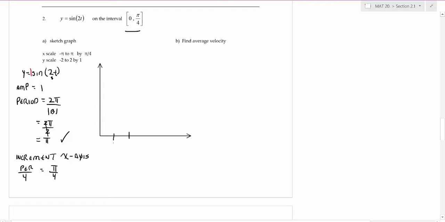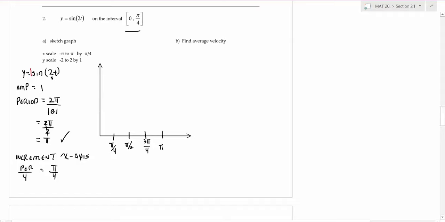So I'm going to go pi over 4, count out to 2 pi over 4, 3 pi over 4, and to 4 pi over 4. So I'm going to take my graph all the way out to pi. Now you would obviously want to reduce these fractions, so that's pi over 2. And then this one, the 4's cross out, so that reduces down to pi, like that.